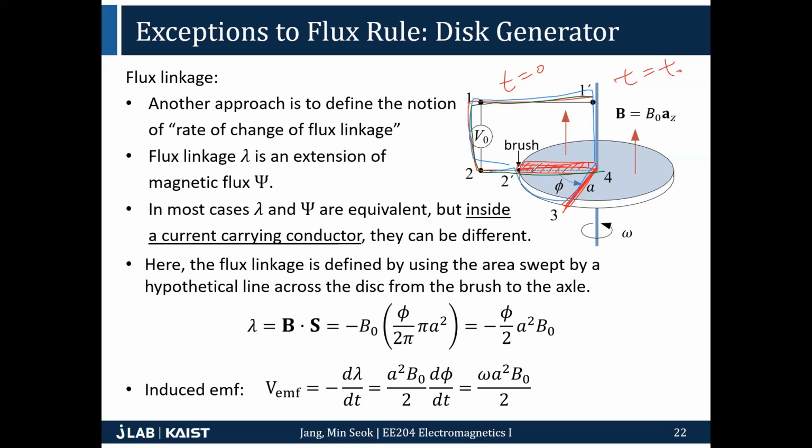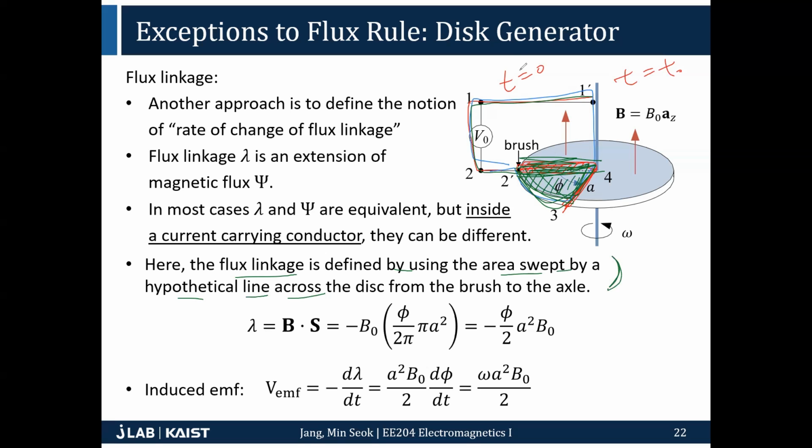Then what it tells us is that there is a time-dependent increase in magnetic flux, right? Because you have extra area obtained here. So in this case, you define the flux linkage using the area swept by a hypothetical line across the disk, and this area is what this statement explains.